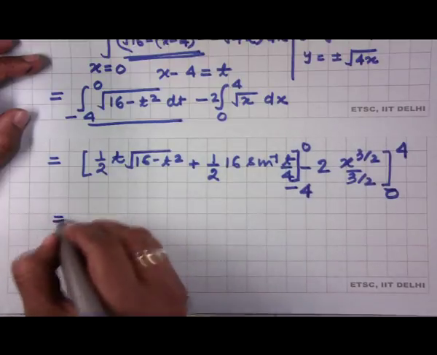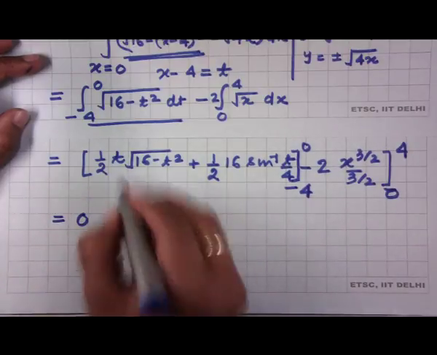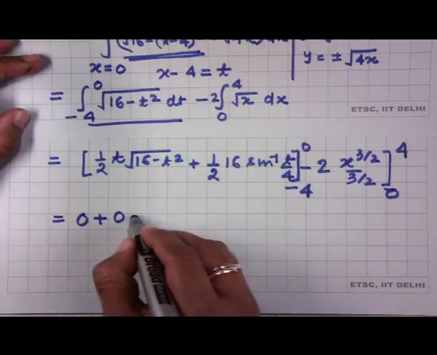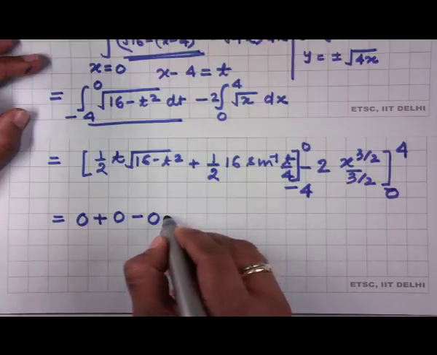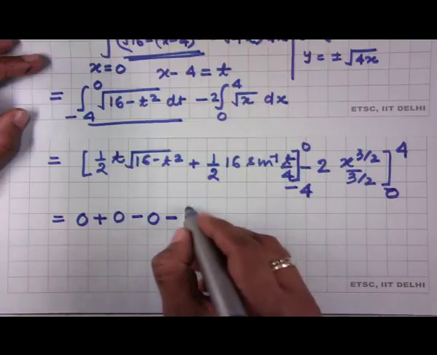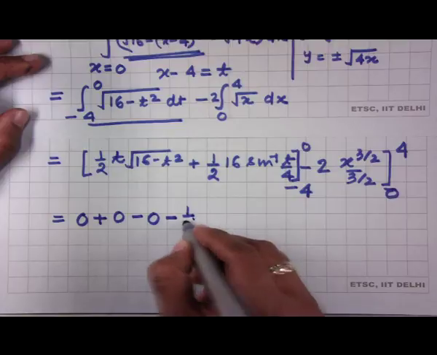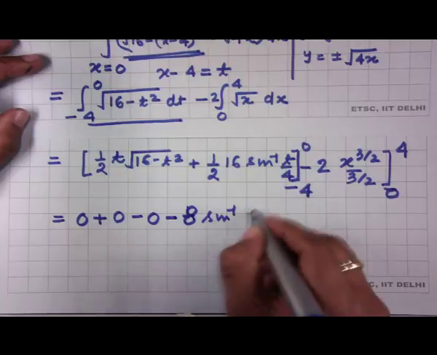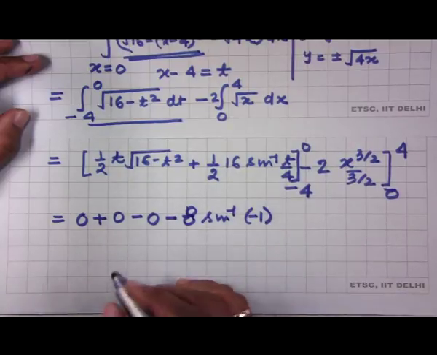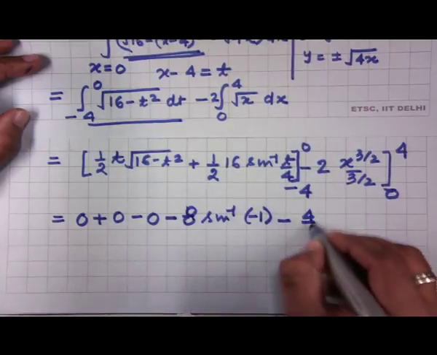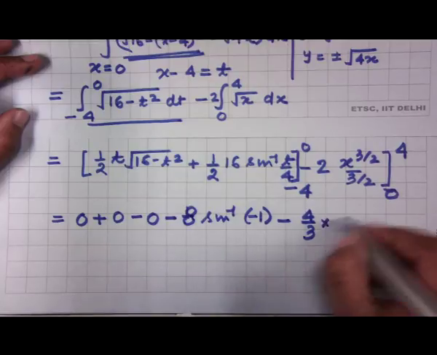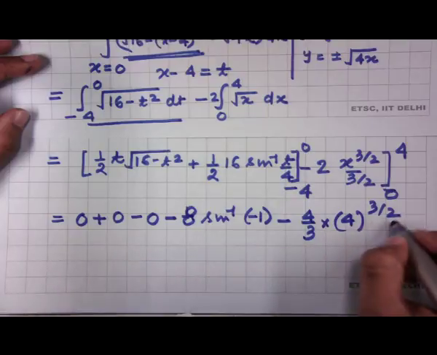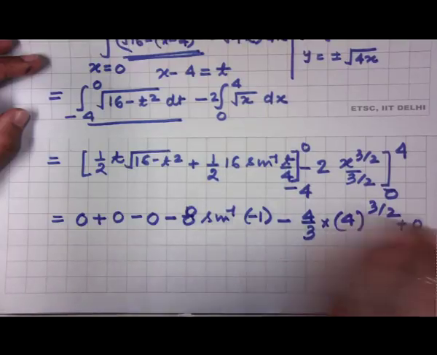So, you get 0 here, then 0, then at minus 4 again it is 0, then minus 1 by 2 into 16 is 8, sine inverse minus 1, minus 4 by 3 into 4 to the power 3 by 2, minus sign is also plus 0.